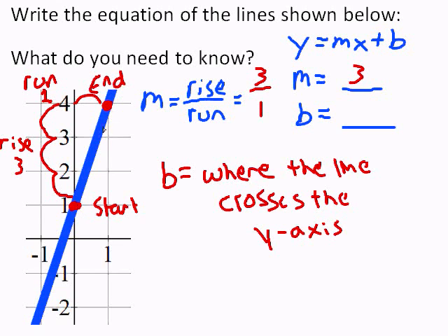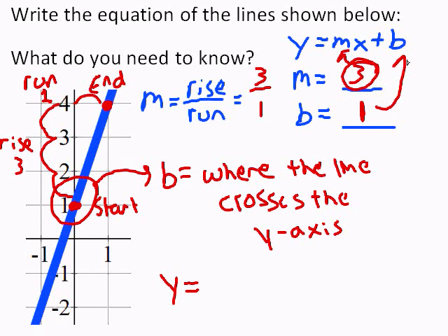You notice the line crosses the y-axis at a positive 1, which means that your b value is 1. So we can write the equation of our line then as y equals, our m was 3, and our b was 1, so it's y equals 3x plus 1.